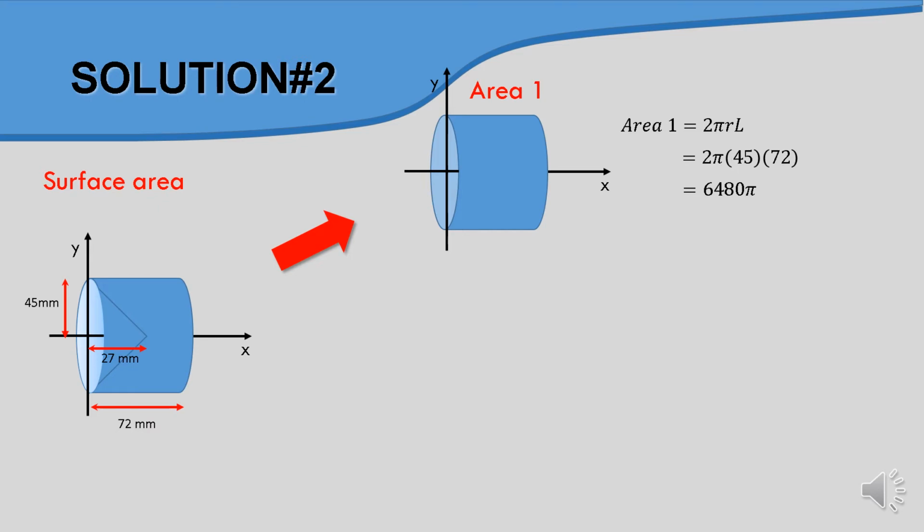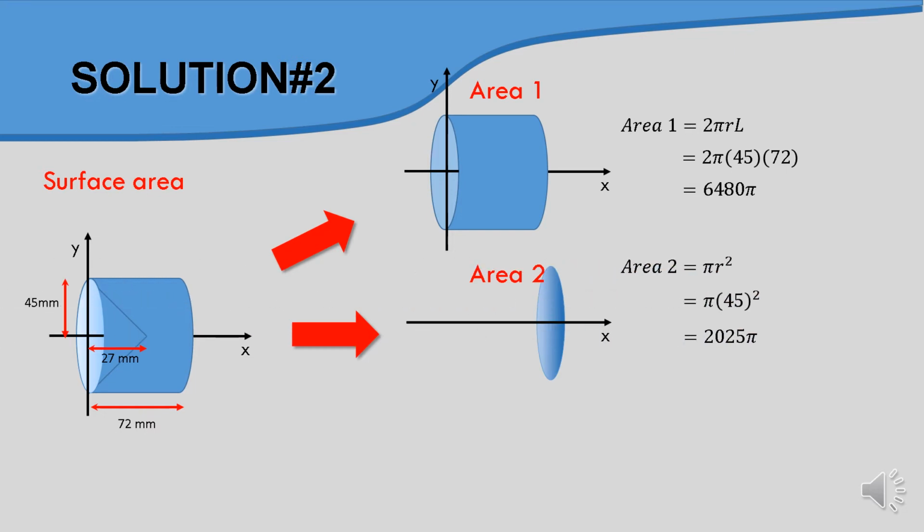We substitute the values and we get 6480 pi mm squared. The second one is from the circle produced at this area. The area of the circle is pi r squared, and we substitute and get the value of area 2.